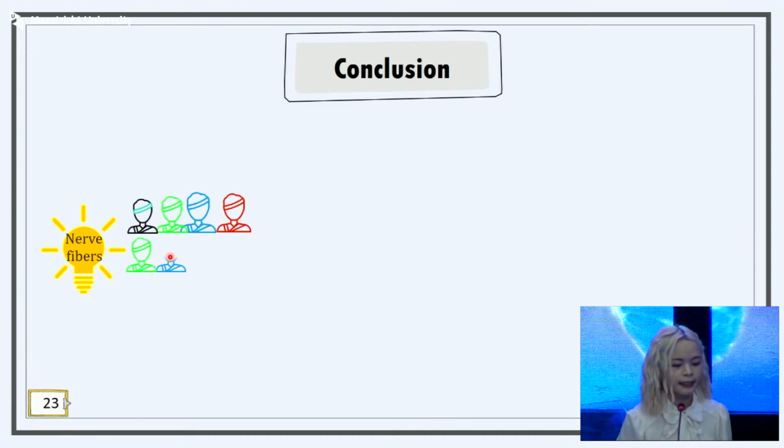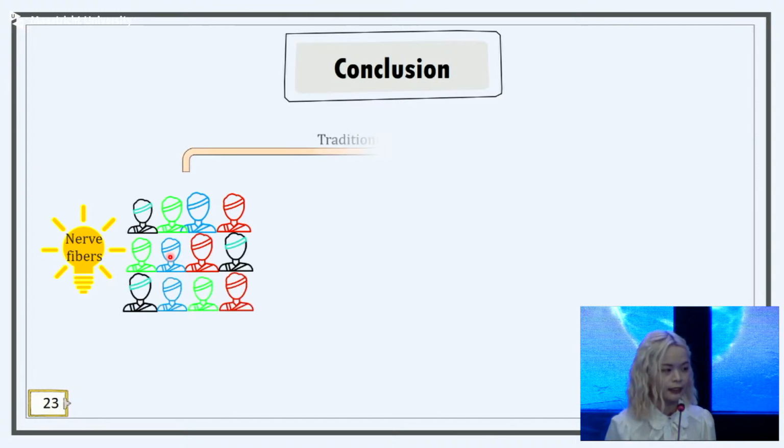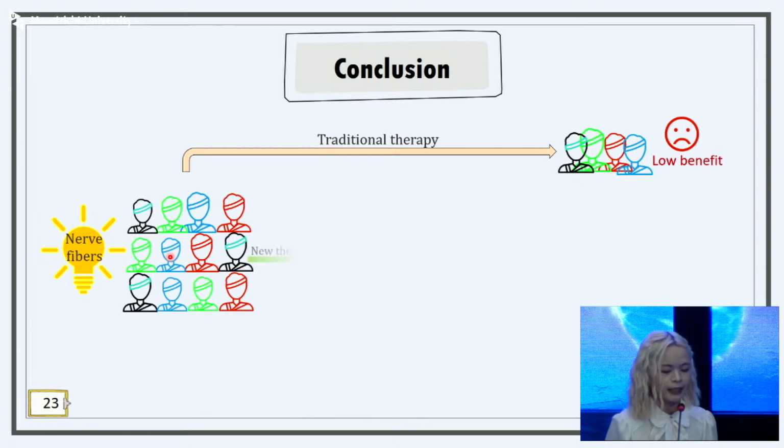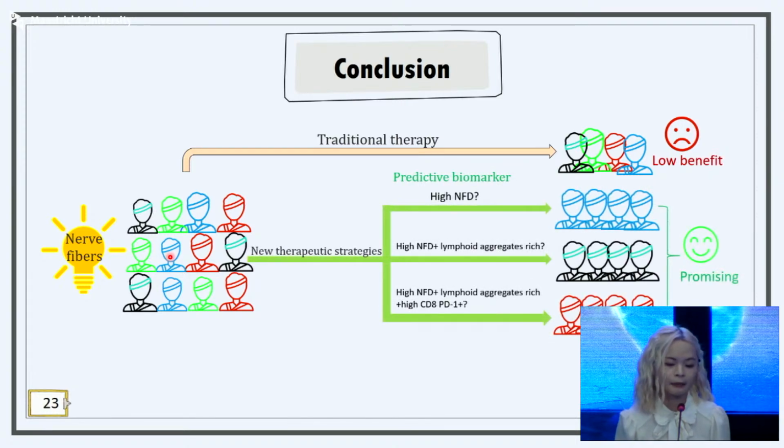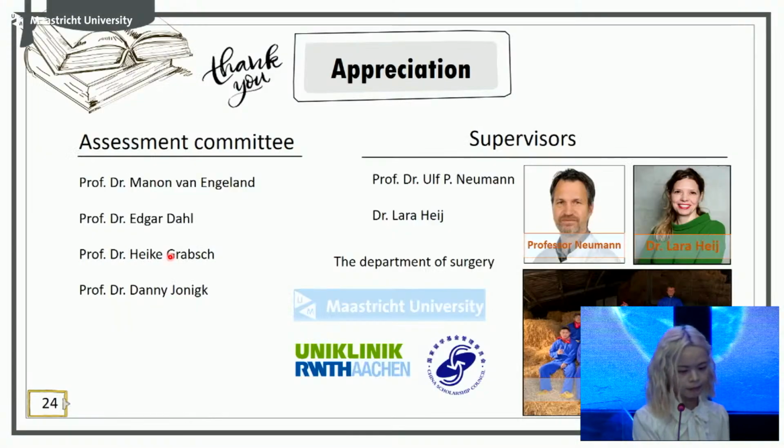Though there are still more studies to be done to confirm these positive functions of nerve fibers in cancers, we expect that these results would provide a reference for further studies. It will be broadly applicable to other malignancies. That brings me to the end of my presentation. Thank you for listening and attending.